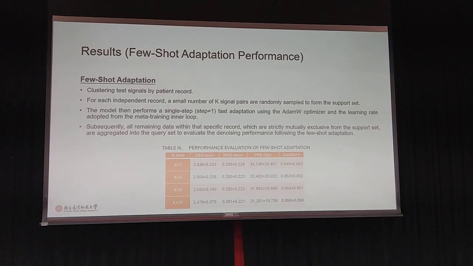As shown in Table 3, even under the extreme condition where K equals 1, the model's PRD and cosine similarity achieve an immediate and significant improvement. As K increases to 10, the improvement continues steadily. It strongly proves the initialization learned by our meta-learning framework provides a highly robust cross-patient adaptation technique.